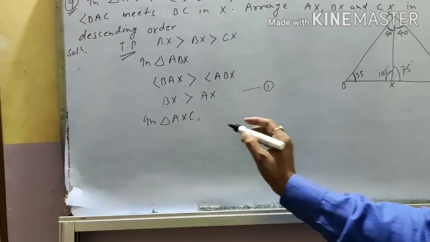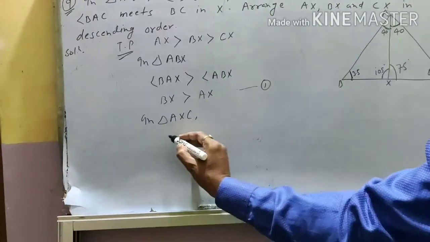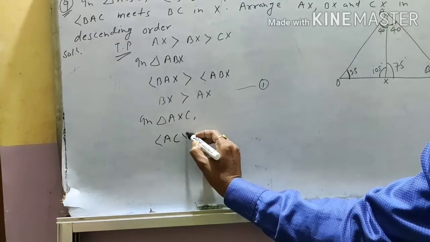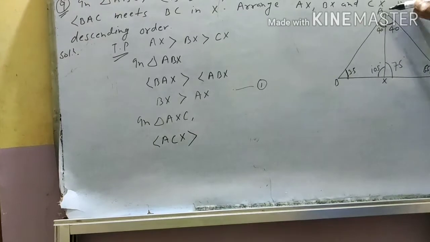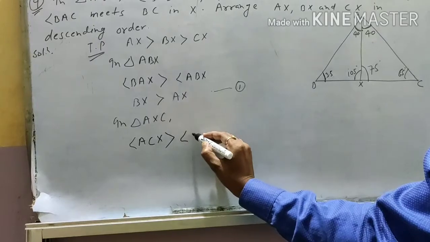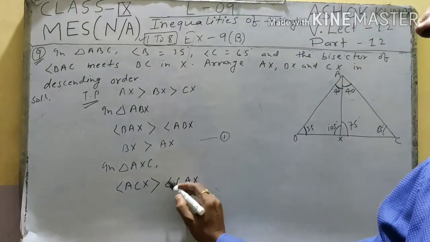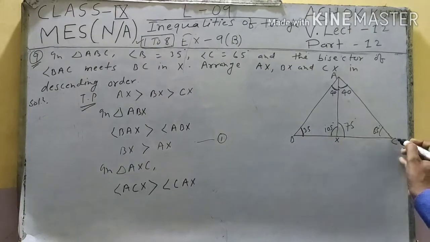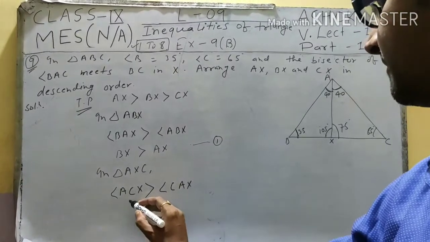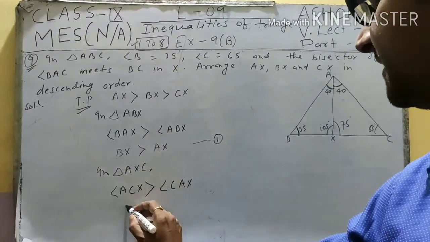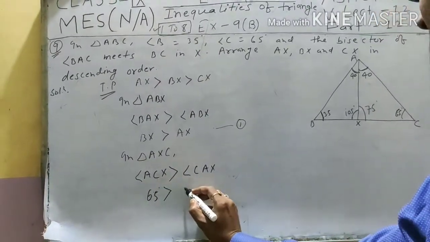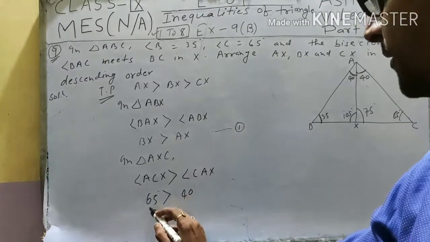Okay, so here again angle ACX is greater than angle CAX. Here this angle is 65 degrees, so we can write 65 degrees is greater than 40 degrees.